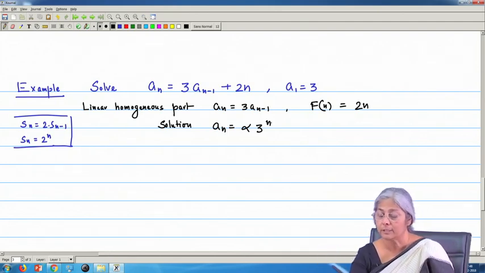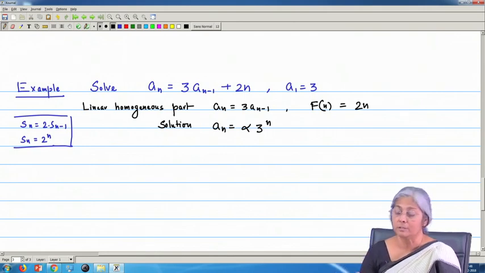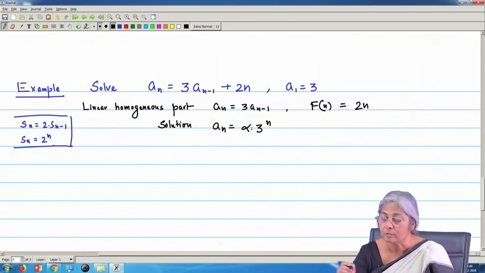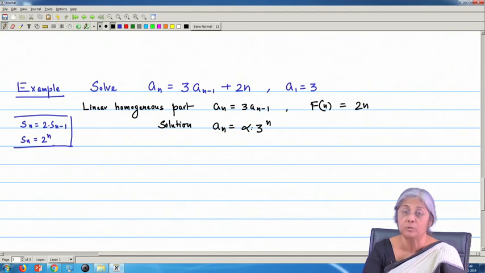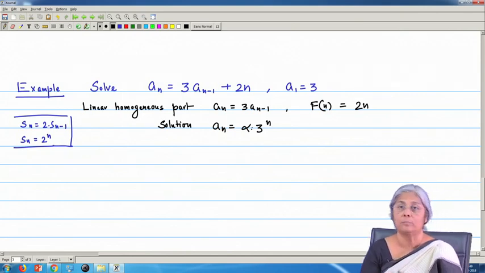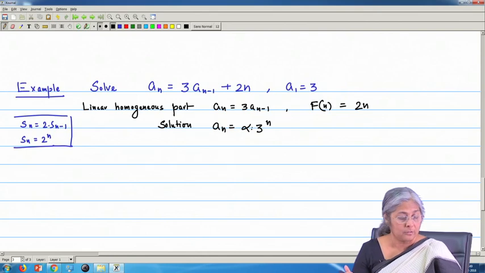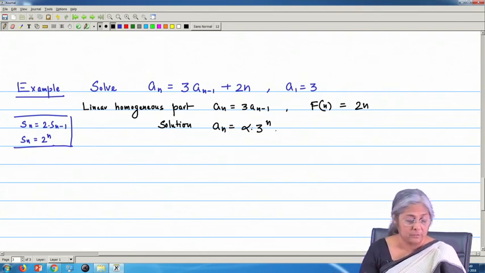So I take one coefficient alpha, but the solution is of the form 3 to the power n, which I can get from that simple recurrence relation that we have already read. We have solved it also by iteration.